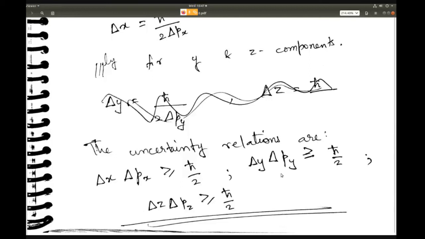So the limit for the accuracy is this: delta x into delta px is greater than or equal to h cross by 2. This is the limit of the accuracy of measurement. Similarly for delta y and delta py, and delta z and delta pz.